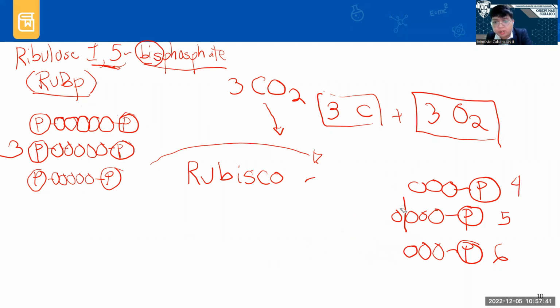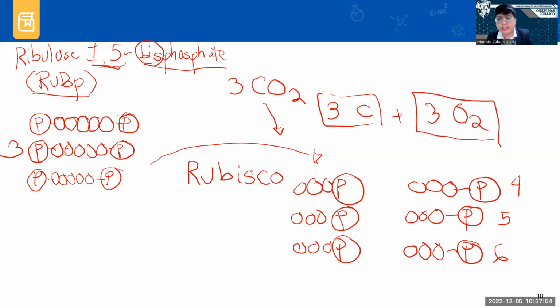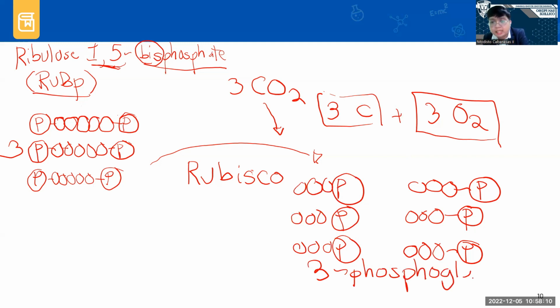Ayan, 1, 2, 3, 1, 2. Yan. So, 6 na siya kabuok from the 3 molecules. And this molecule now is what we call the 3-phosphoglycerate. Or ang acronym niya is 3-PGA.